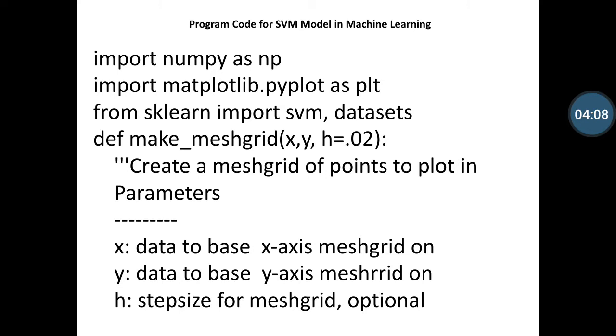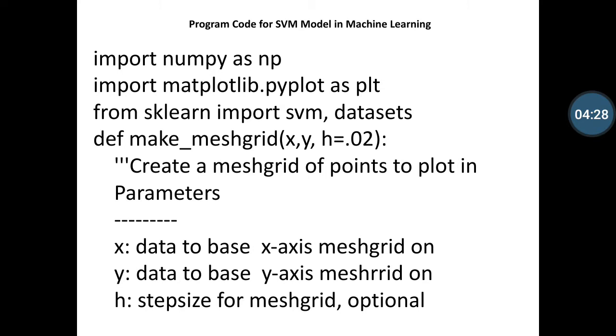First of all, I use the def keyword and then define the function name make_meshgrid and put the arguments x, y and h equal to 0.2. Then put the colon as per the syntax of functions.